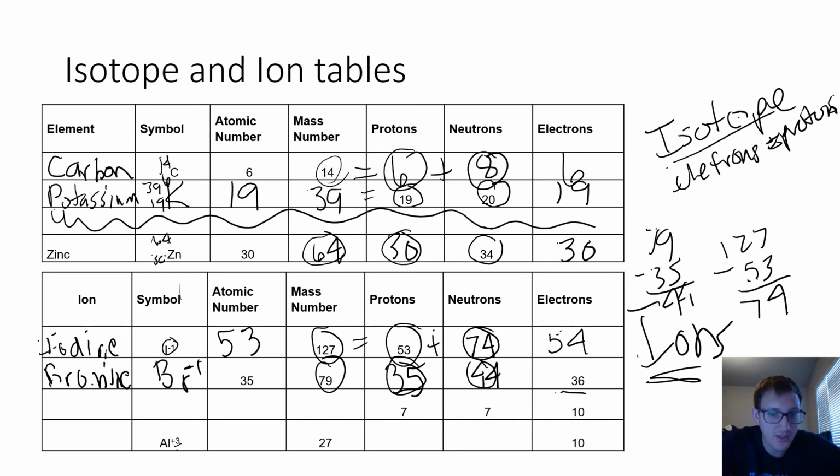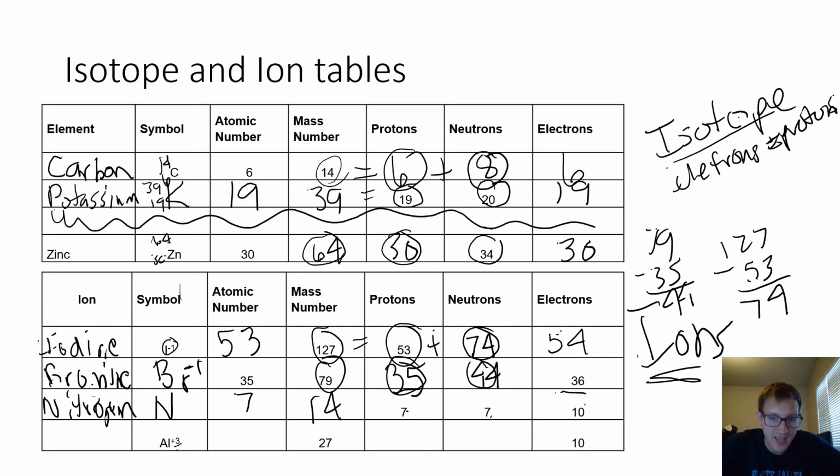All right, moving on to the next one. I've got 7 protons, so I know my atomic number must be 7. The 7th element is nitrogen. The mass number is neutrons plus protons, so that is 14 right here.